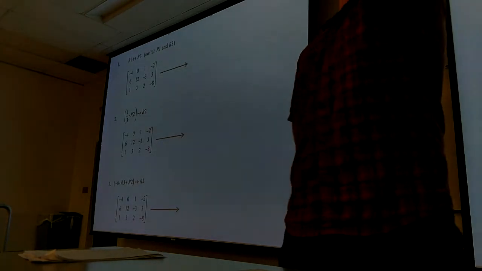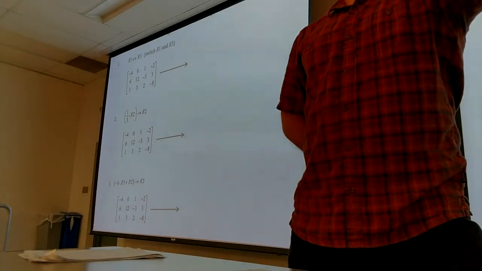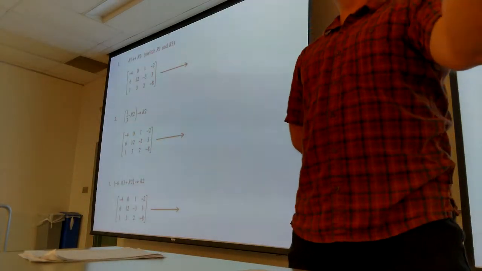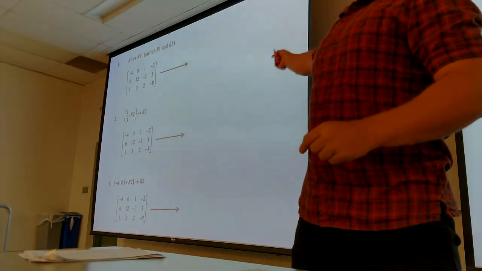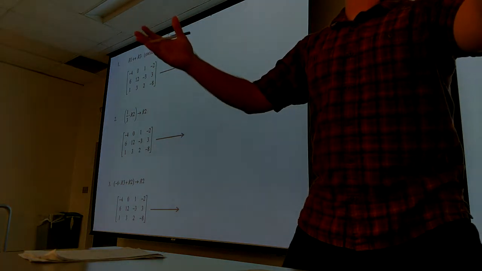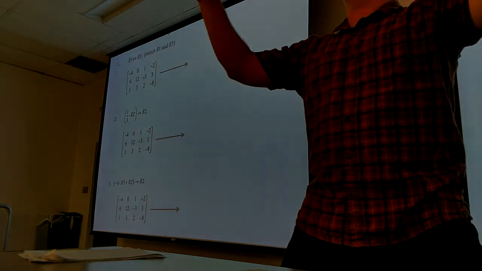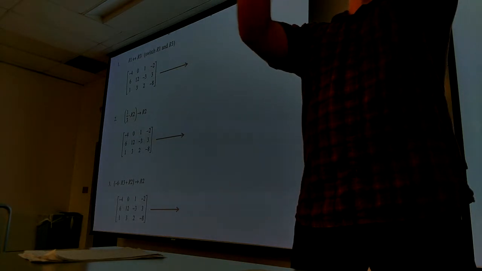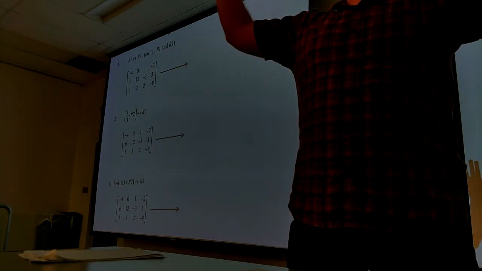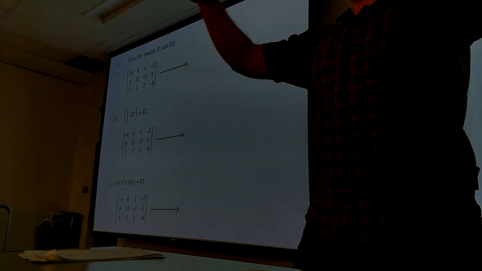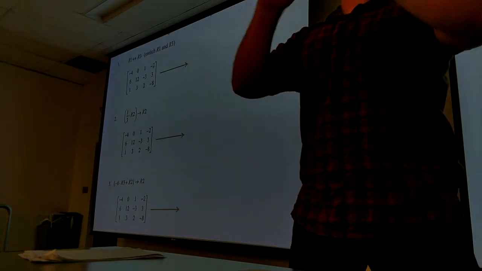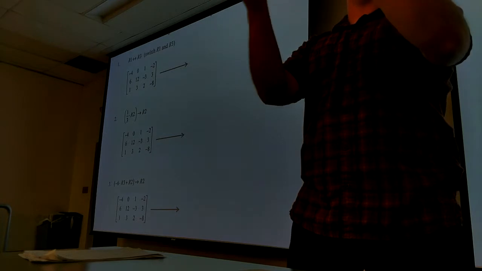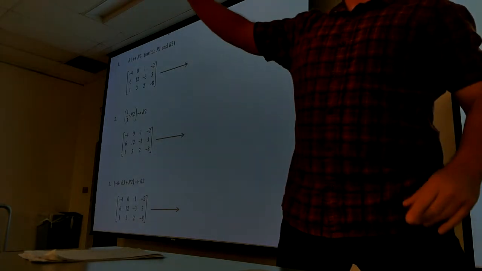What can you do with a single equation? You can multiply it by something. You can divide it by something. So what are you allowed to do to rows? All the same things we just said, because what is a row? An equation. So I can add two rows together. I can multiply a row by something. Anything I could do with equations, I can do with rows. Why? Because rows are equations.